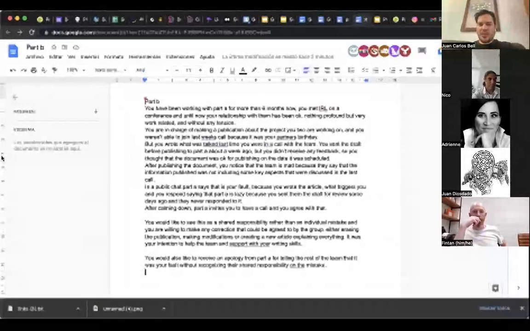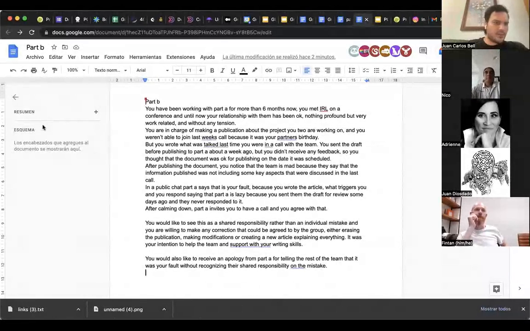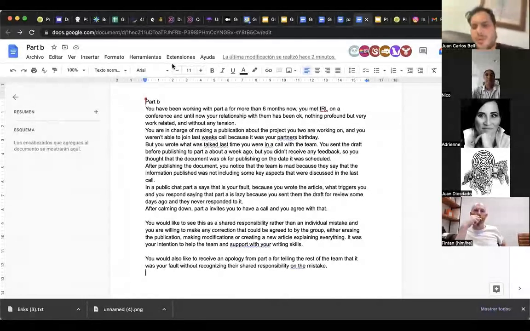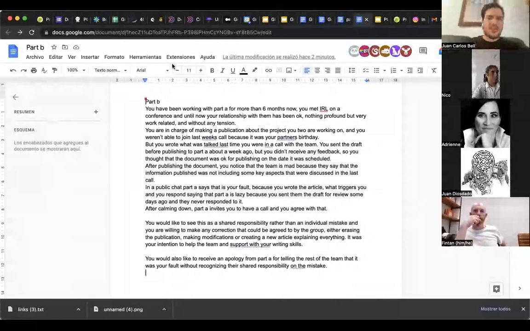Okay, so right now we have part A and part B, and what I will be doing now is creating another breakout room where we could have two part A's and two part B's.